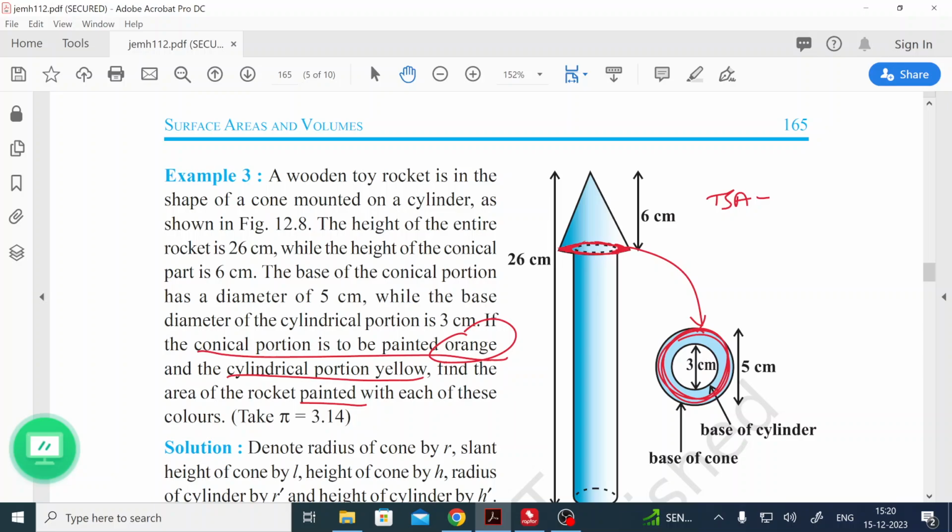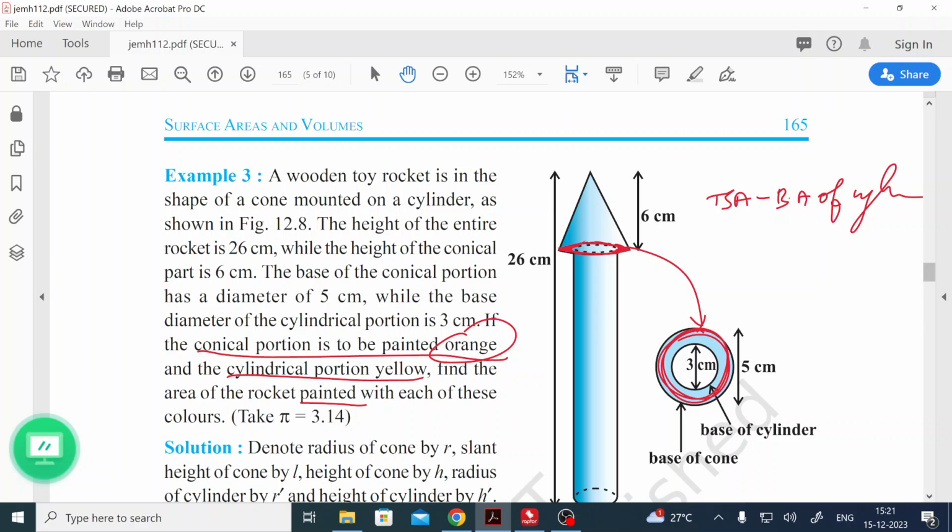Total surface area in the sense all area will be covered, and this alone we have to remove, because what we pasted there we cannot paint. So you remove the base area of the cylinder, and you will get the answer. Do you understand? After applying the formula, you will get it. Same thing as what it is now.